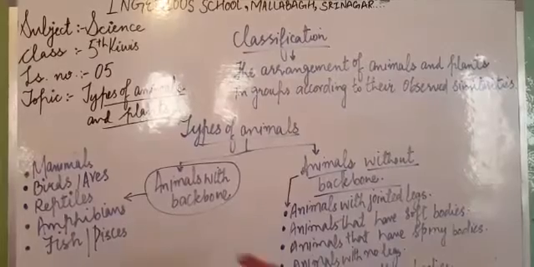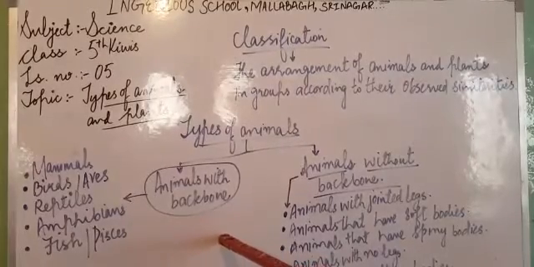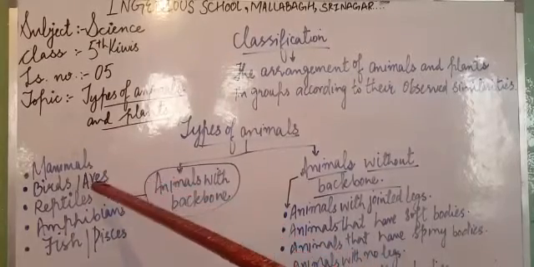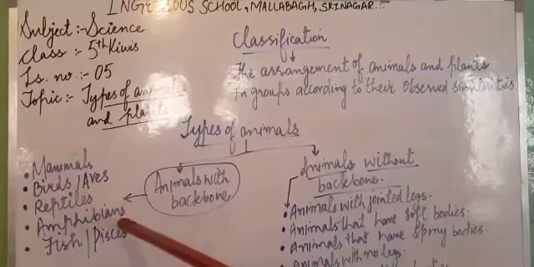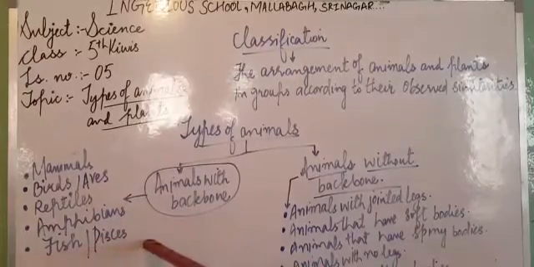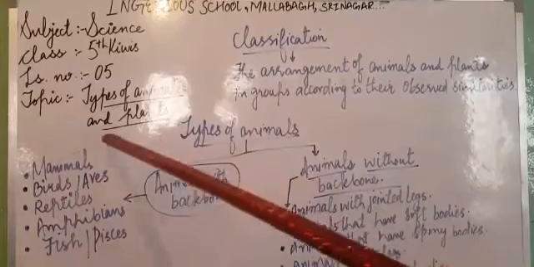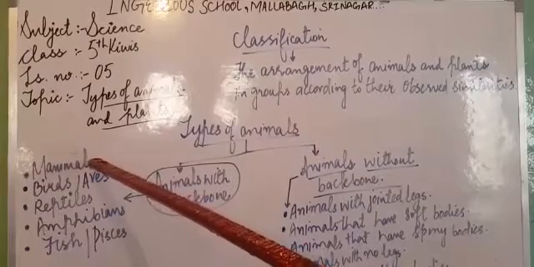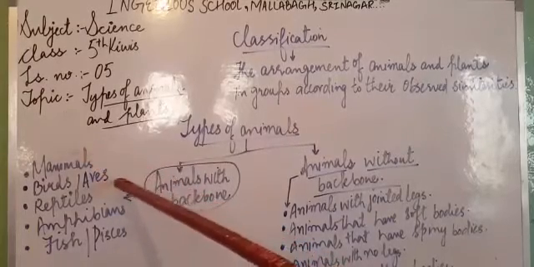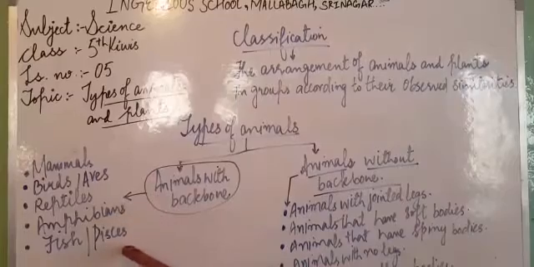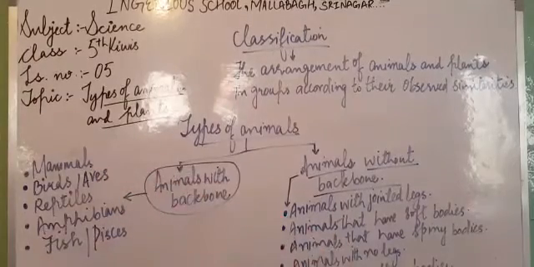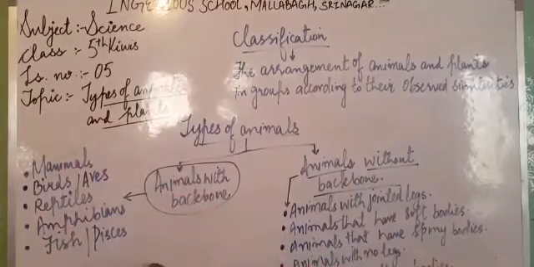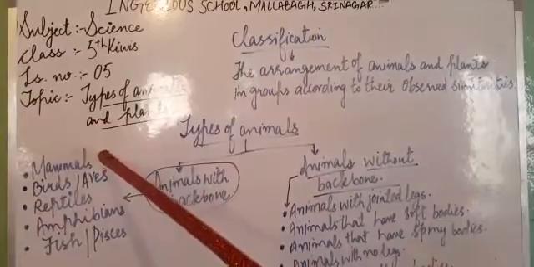Animals with backbone are further classified into smaller groups: mammals, birds or aves, reptiles, amphibians, fish or pisces. We are going to learn one by one about all these groups and their features. Got it? First of all, mammals.